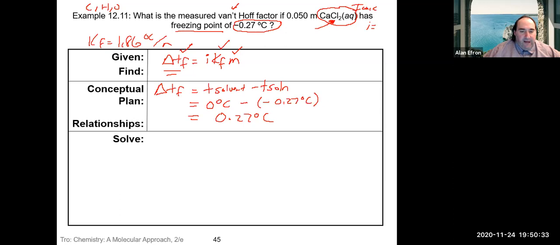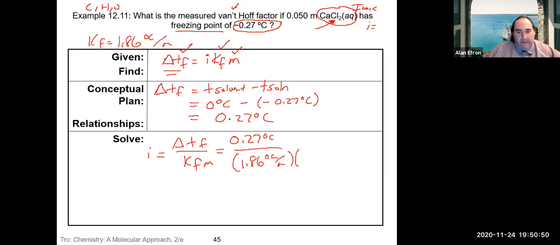We now have our change in freezing point temperature. So to solve for i, we're going to divide everything to the other side. That's going to be the freezing point temperature change divided by Kf and m. That's going to give us 0.27 degrees Celsius, divided by our freezing point constant for water and our molality, which was given to us here. What we see is Celsius cancels, molality cancels. It's just a number, which is good because that's what we're looking for in terms of i.